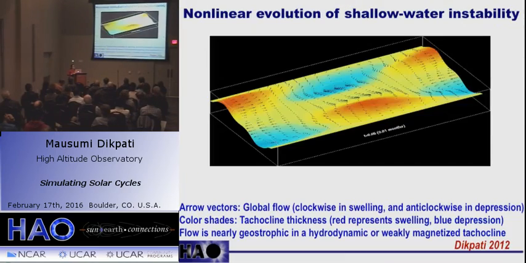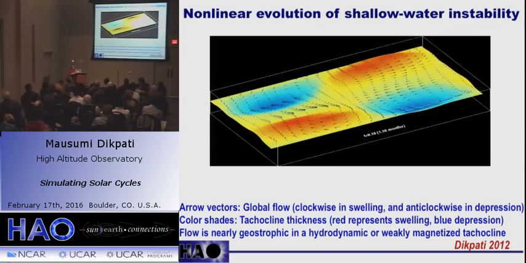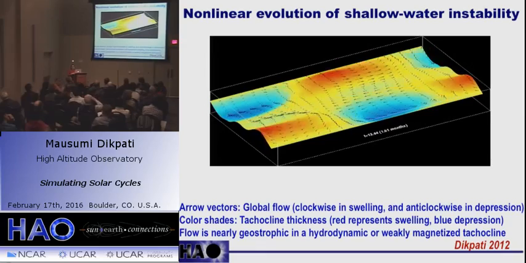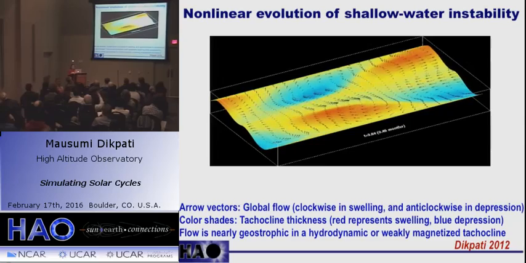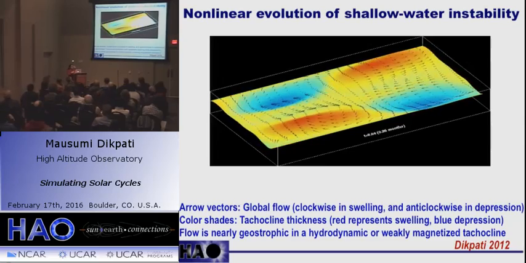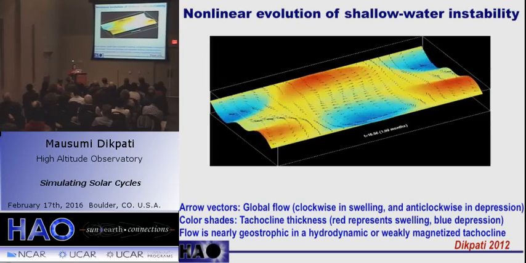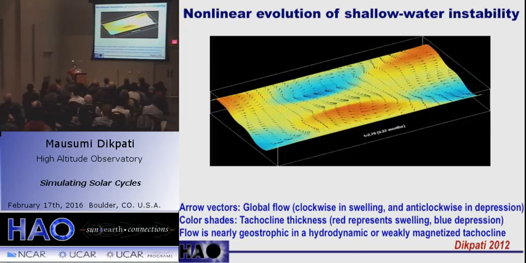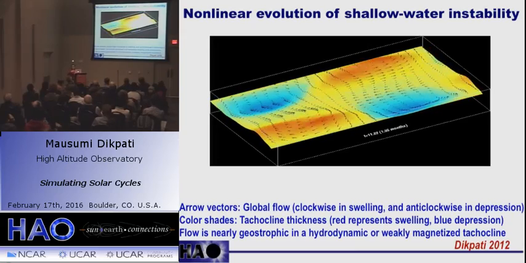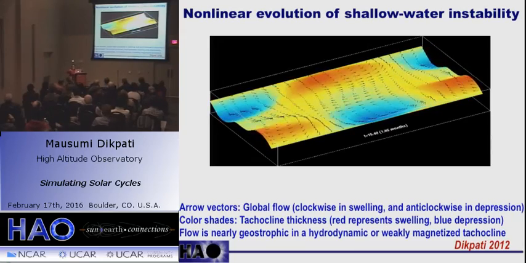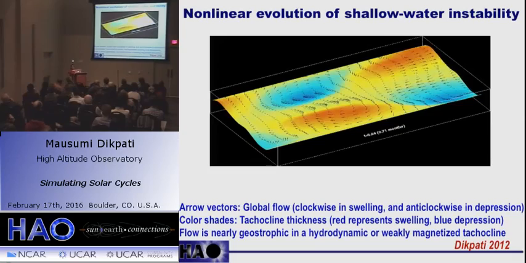If you could also go to your nonlinear shallow water simulations, you might talk just a bit more about typically what is the spectrum in longitudinal wave number that you excite. My understanding of the model is you can get in principle all wave numbers, but in fact it's dominated by wave numbers 1 and 2. I have done this simulation in 2 ways. Just by initializing at t equal to 0, taking the configuration of m equal to 1 mode from linear study with random amplitude, and then it develops its spectrum in the higher longitudinal wave numbers also, not too many here, m equal to 1, 2, and 3.